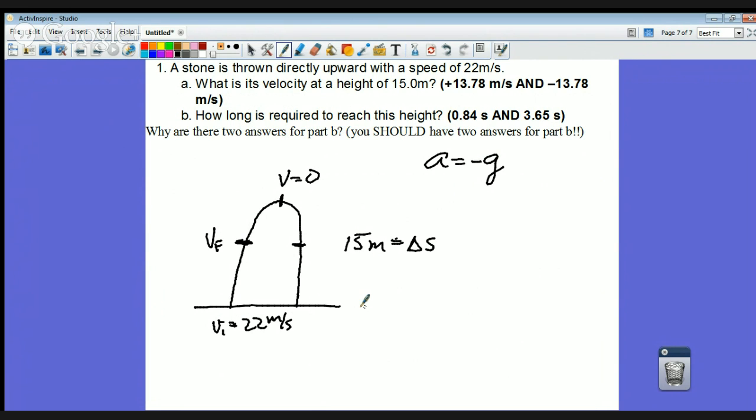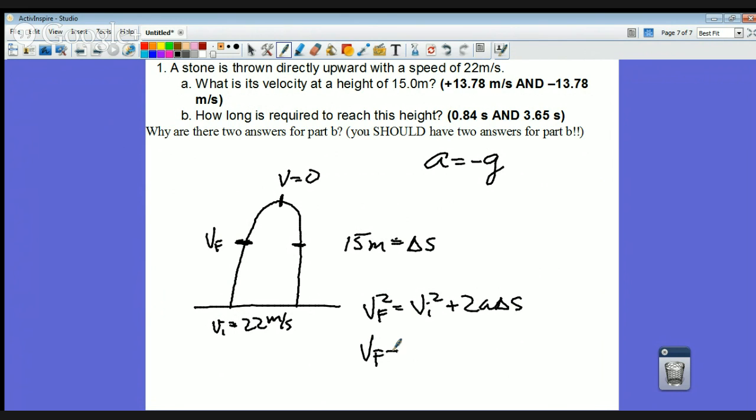vf squared is equal to vi squared plus 2a delta s. Pardon me. So you'll find the square root of that.